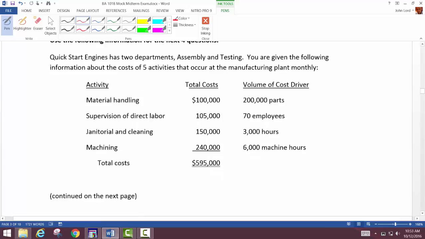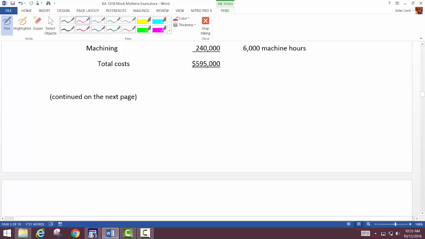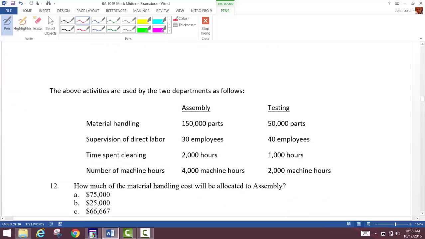Now, with the activity-based costing questions, guys, what's going to define your success on these is your willingness to grind through the information. So it's like weightlifting. If you only lift 20 pounds all day, and then you come in here and I put a 50-pound weight on the table, I don't care how many times you lifted that 20, you're not going to be able to pick up the 50.